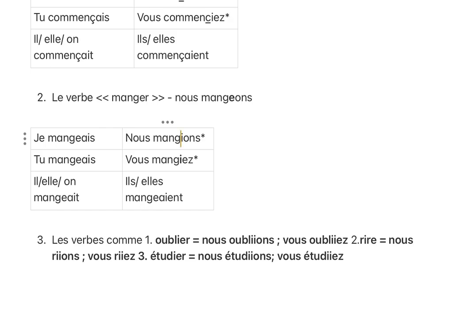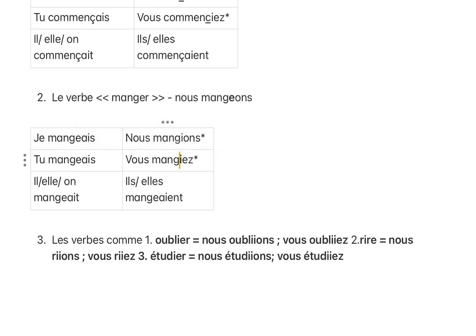So if you observe, we do not add the E in the nous form when conjugating it in the imperfect tense. Similarly, for the vous form, vous mangiez.